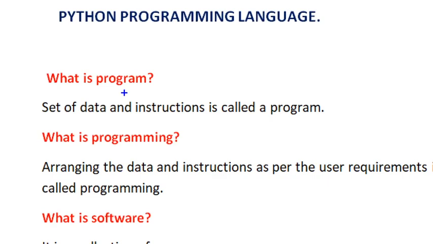A program is nothing but a set of data and instructions. What is meant by data? Data might be the numbers 0 to 9, or the alphabets A to Z, or the symbols on the keyboard. That we are calling data. And what is meant by instructions?